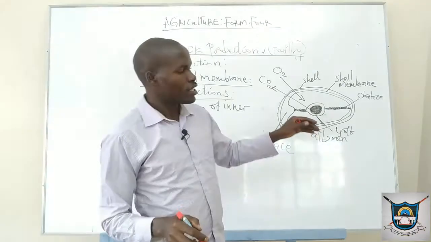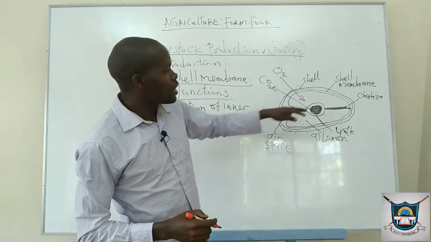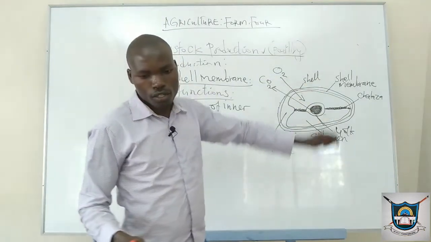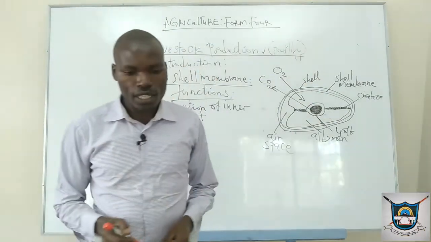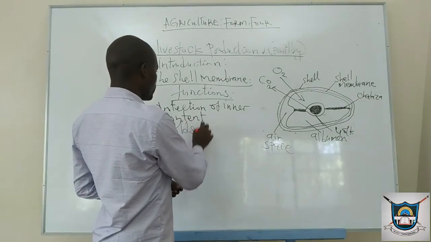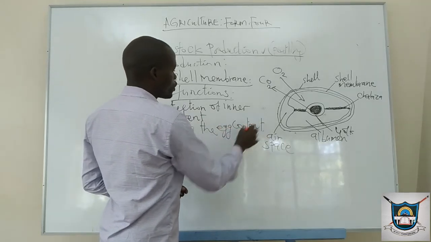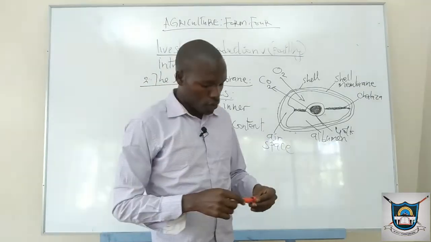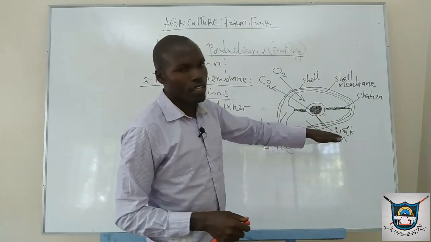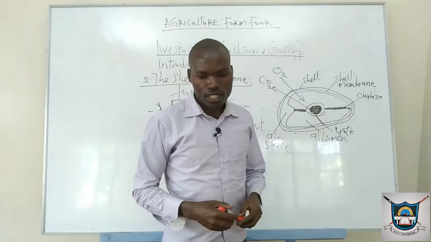If you remember, we said one of the functions of the shell is to protect the inner content. The shell membrane enhances protection of all other parts, in addition to the protection by the shell. The other function is that it holds the egg contents, especially the egg white and the yolk.